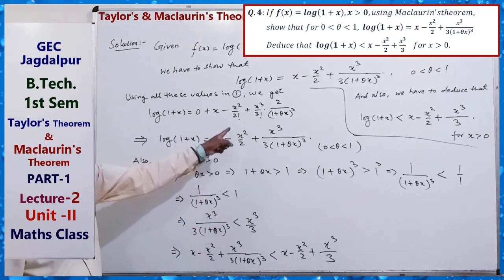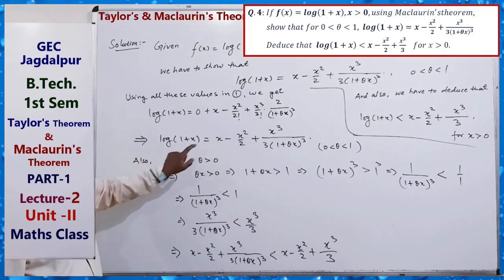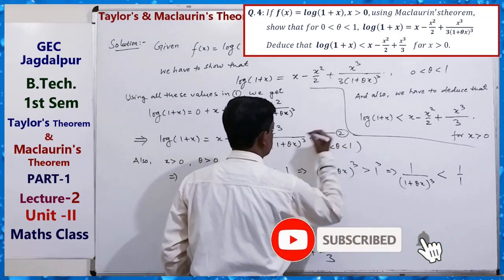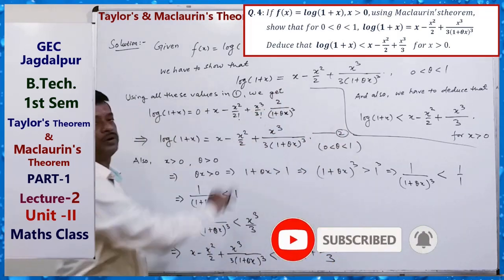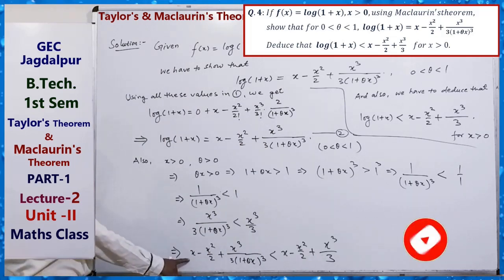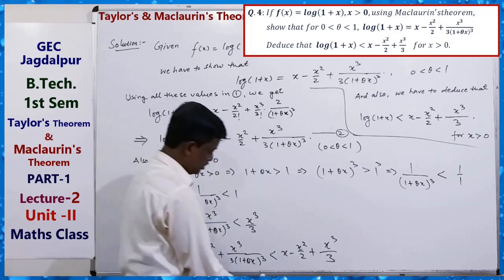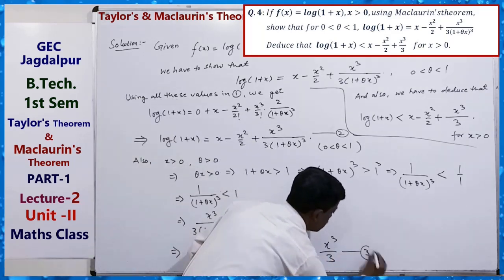This is equation 2, and this is the first part proved. And this equals log(1 plus x), using this as 3.